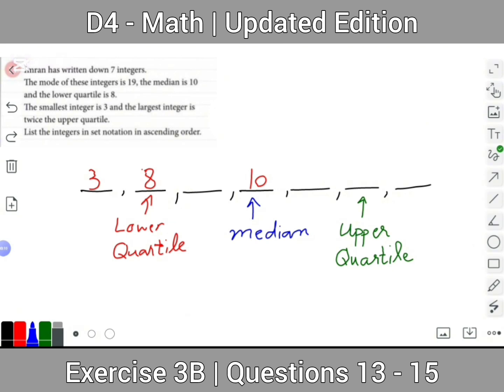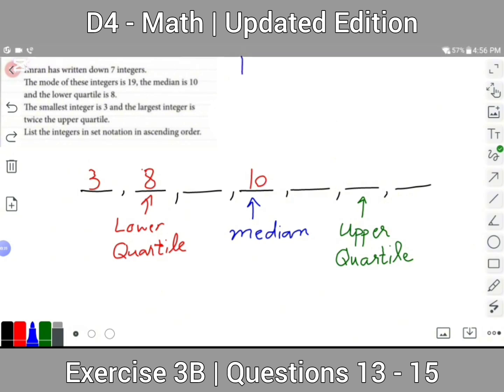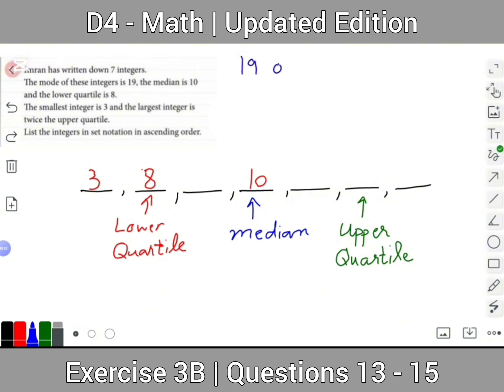So there are only two possibilities left for the mode, and those are the fifth and sixth positions. So thus 19 occupies the fifth and sixth positions.